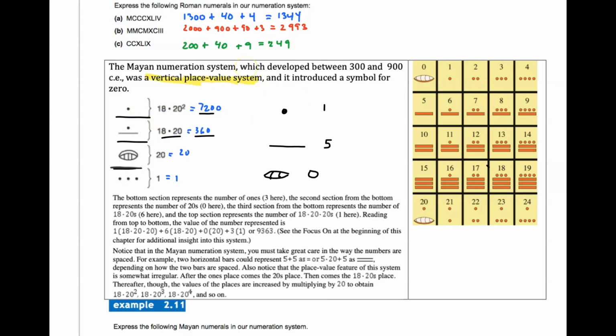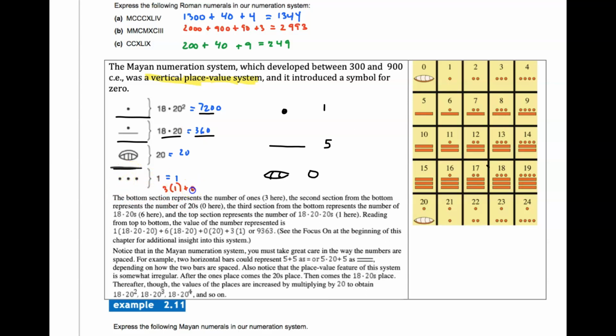And so for a problem like this here, what we're looking at to convert this, what value are these here, that would be what you want to be looking at. The way we convert that would be, I say I have 3 dots in the 1's position.